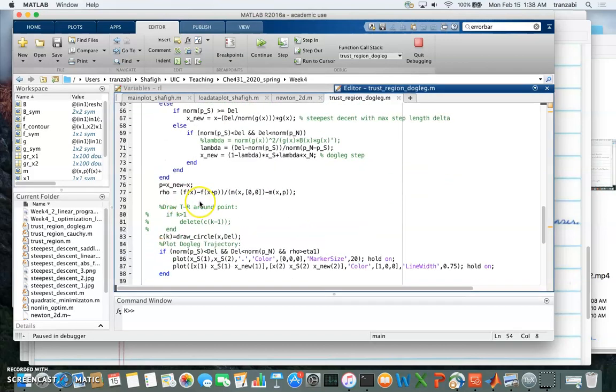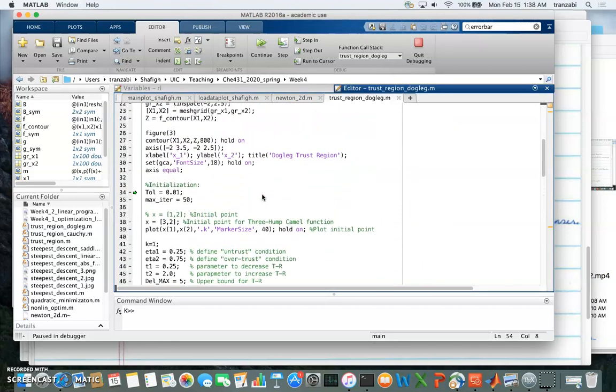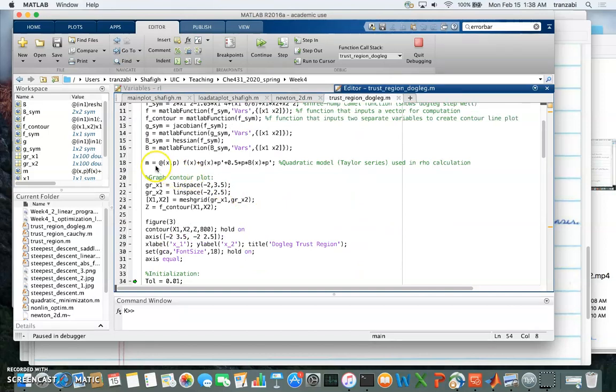The ratio is how much progress we're making, comparing the real function and the Taylor series version of the function. And remember, this m is coming from our definition here. We define the first three terms of the Taylor series using the function, the gradient, and the change in the x, which is p, or the direction.